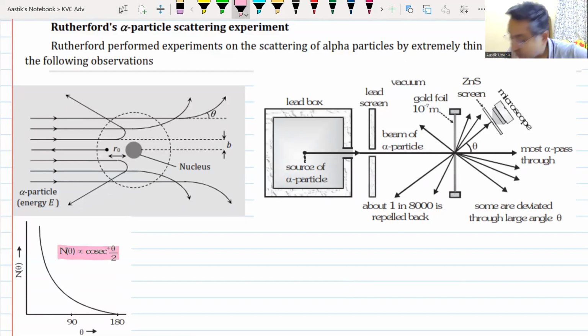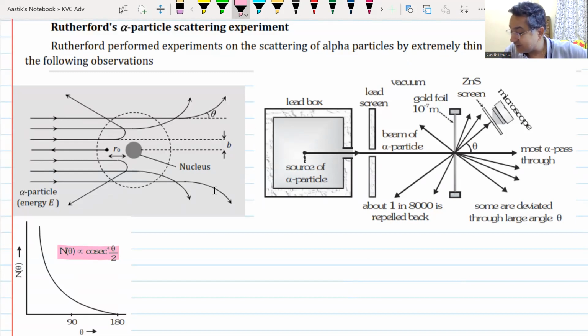It depends on cos square theta by cos raised to the power 4 theta by 2, and this is the graph. Do not forget this. I have seen a lot of questions coming on this particular aspect.